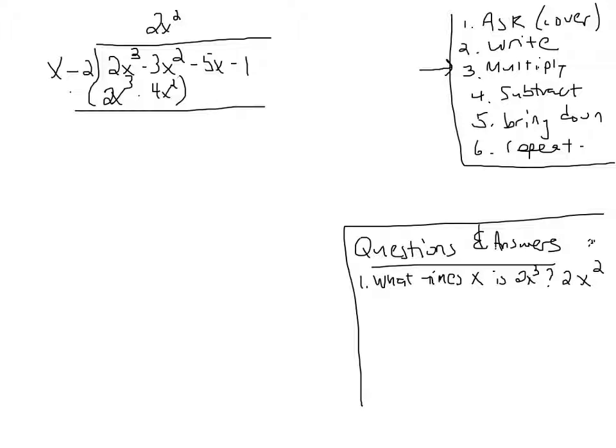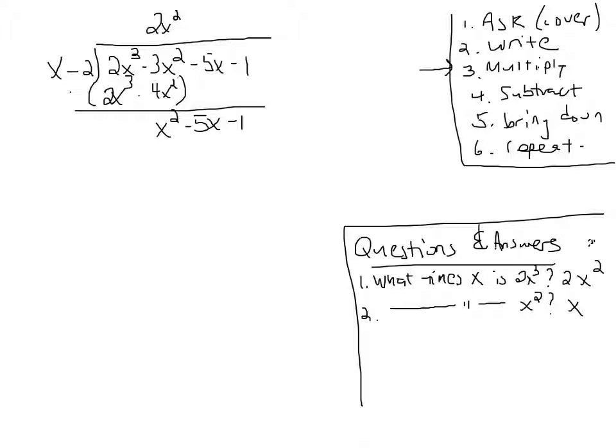Be careful subtracting. Remember, this is not negative 7. This is positive 1x squared. We bring down the rest. Second question, what times x is x squared?